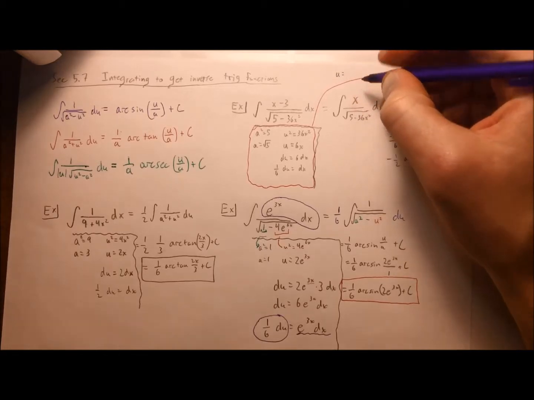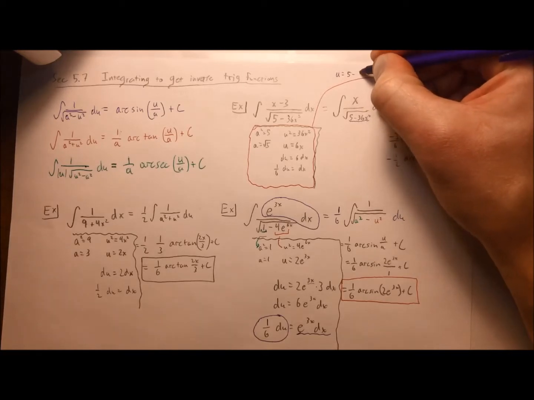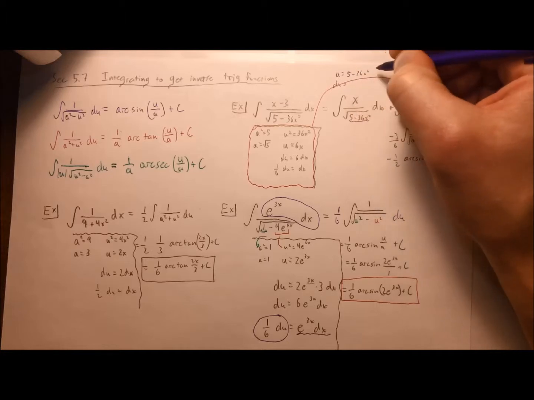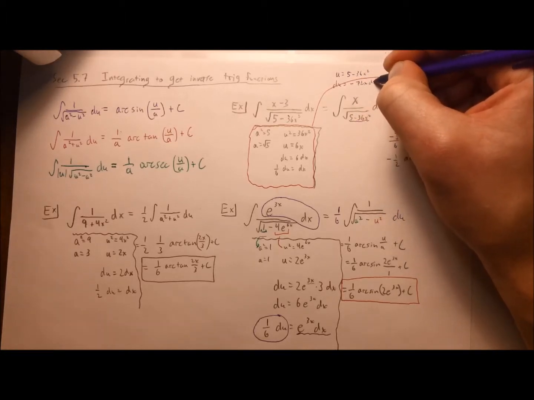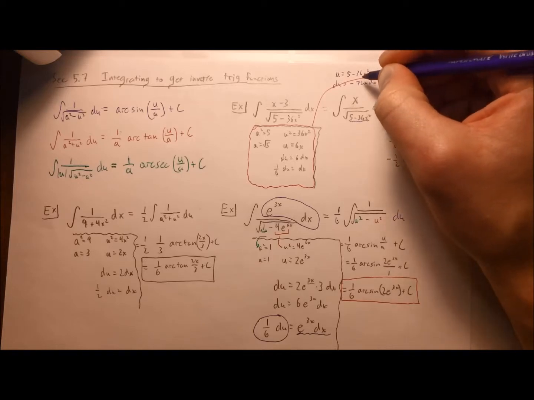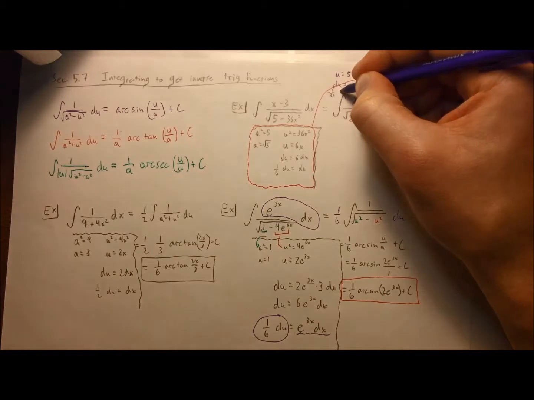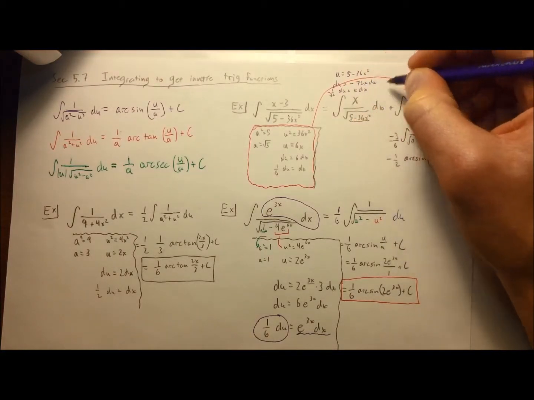This one, u is going to be what's inside here. U is equal to 5 minus 36x squared. So that means du is going to be negative 72x dx, or negative 1 over 72 du is equal to x dx.